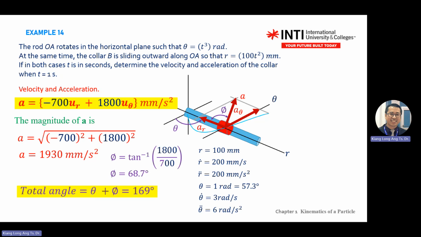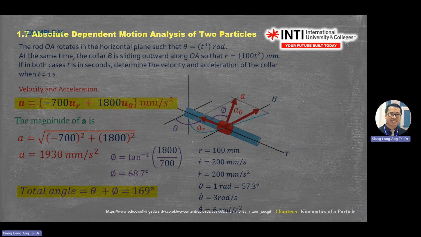So what is the angle here? 180 minus 68.7, you get one value. This value plus this value is 169. Makes sense? Yeah? I'm very fast. Understand? Okay.